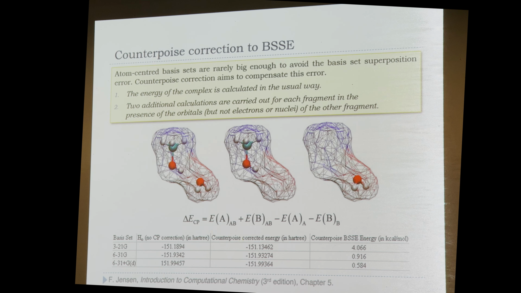So that's an example. And of course, the bigger the basis set, the smaller the correction is going to be, because the description is already pretty good if you take a really big and flexible basis set with polarization functions and diffuse functions. So if you take the fairly minimal one, you can see you've got 4 kilocalories per mole correction.